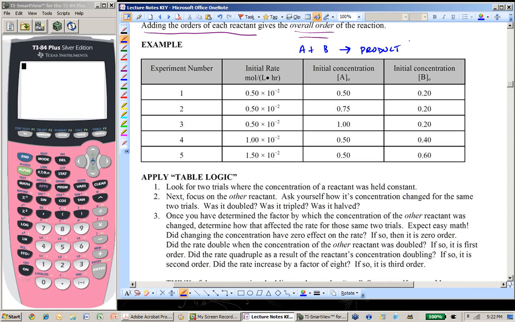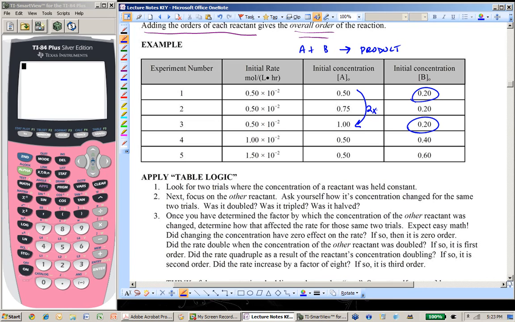So I'm looking at this data table, and I'm looking for a couple of trials where something was held constant somewhere, and I found them. I actually like this and this line the best. And the reason for that is I really like to see a concentration of something doubling, which I write 2x to imply doubling, while the concentration of the other reactants are held constant.